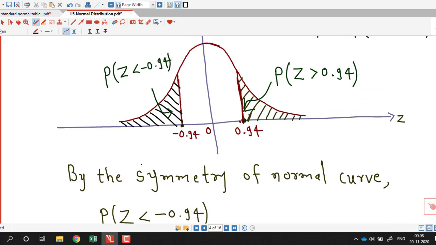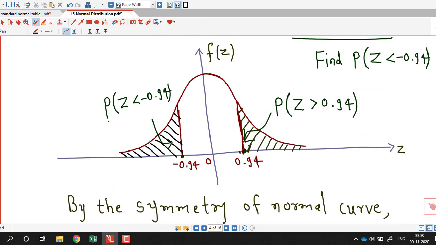So if we want to find out this area, it is sufficient to find out this area because both areas are equal. So the value of this area is equal to this area, and we try to find out this area.